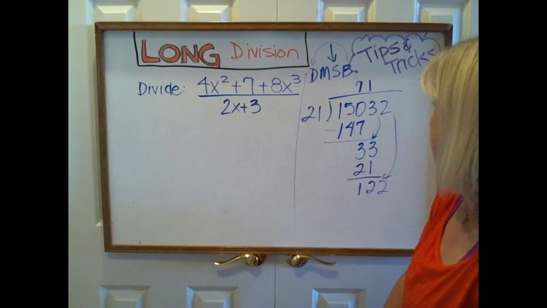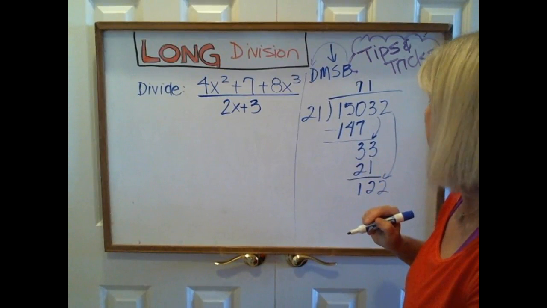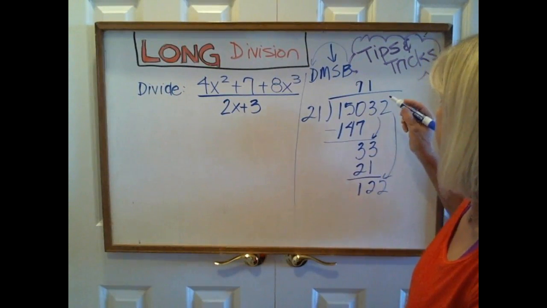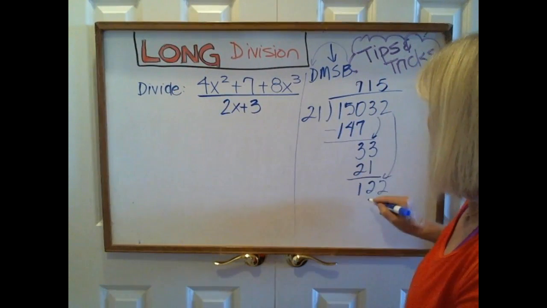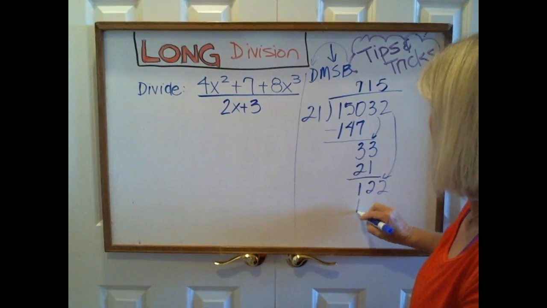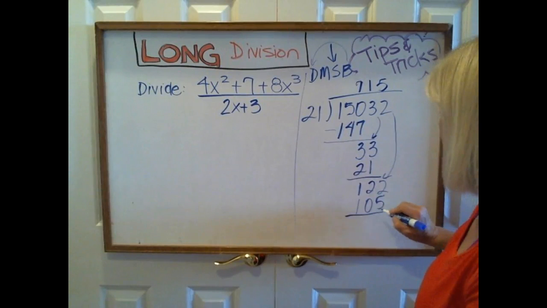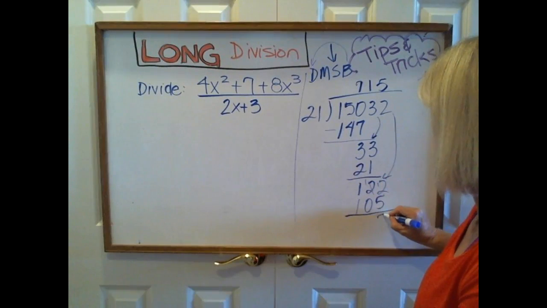I'm going to guess that's 11. I'm sorry, it wouldn't be 11. It would be 5. And let's just see if that works. So that would be 105. And we subtract, and we have to borrow from here, 7.